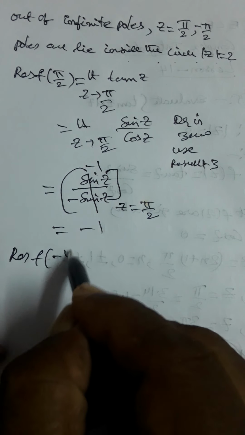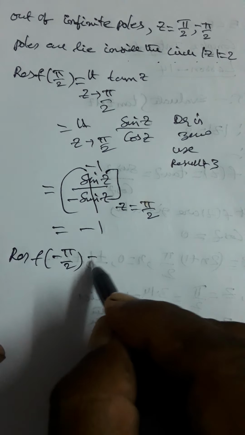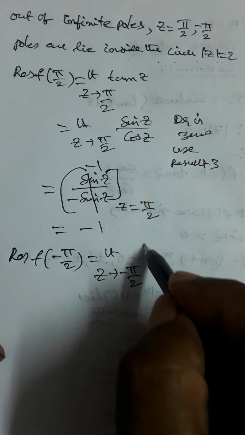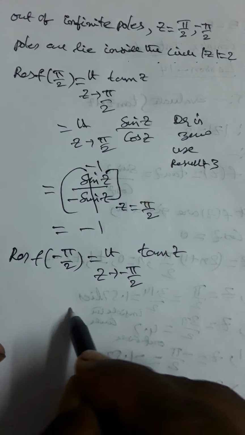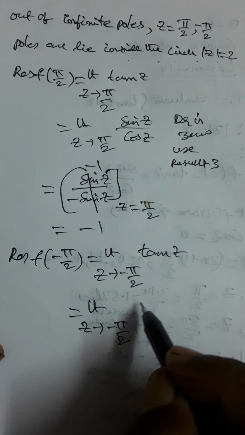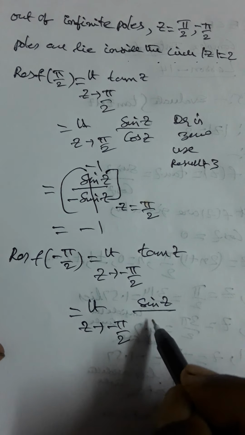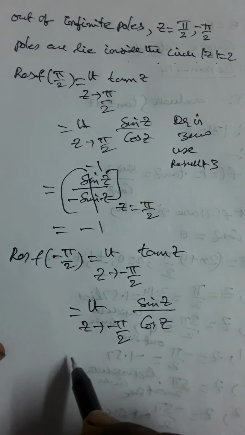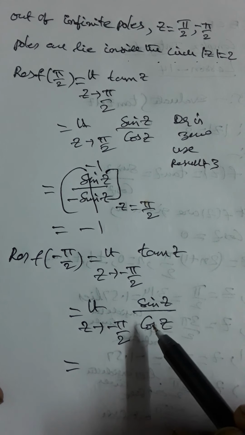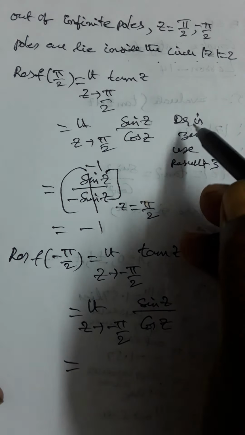Residue f of minus pi by 2 is limit z tends to minus pi by 2 of tan z, which is sin z by cos z. Here also we get 1 by 0, the denominator is 0.